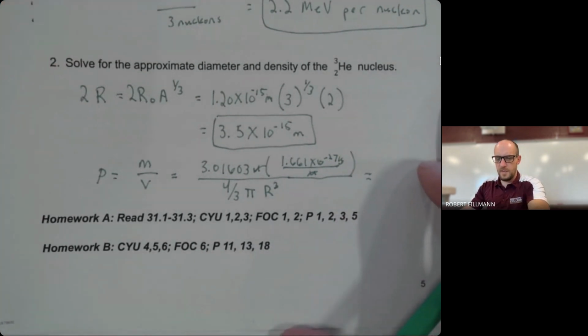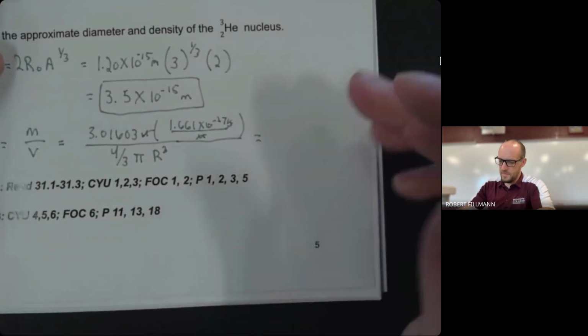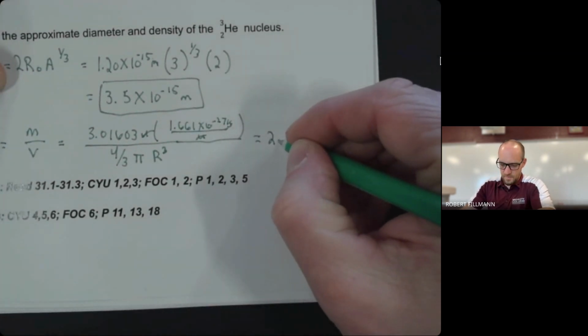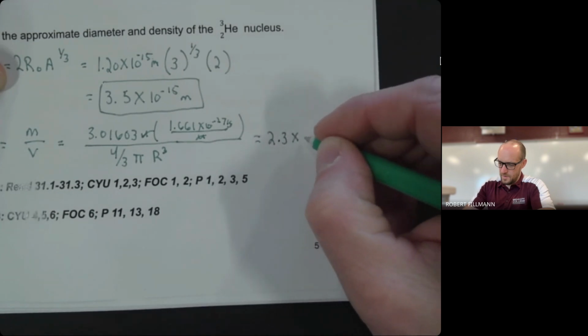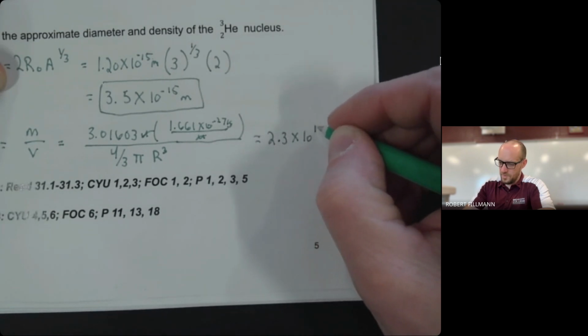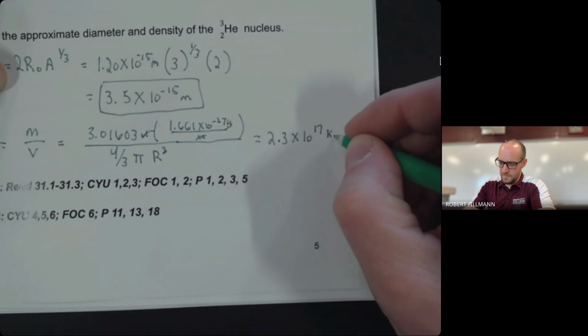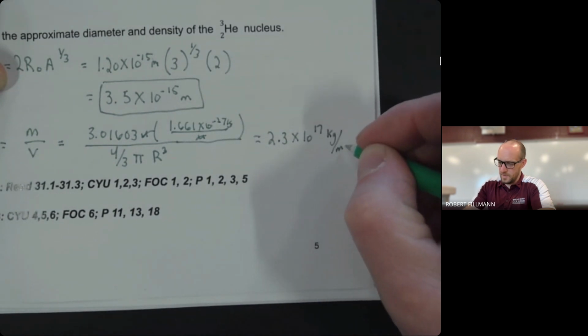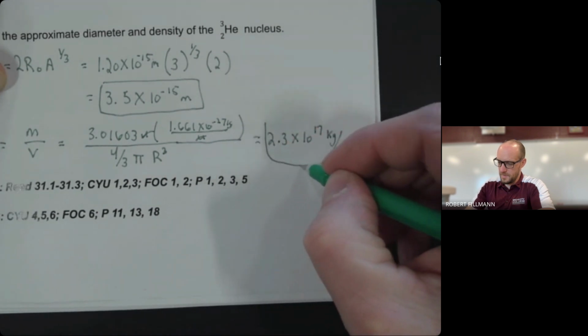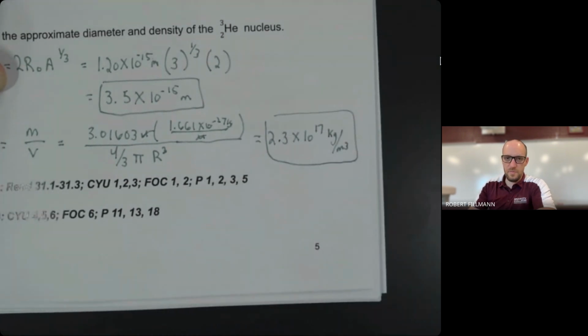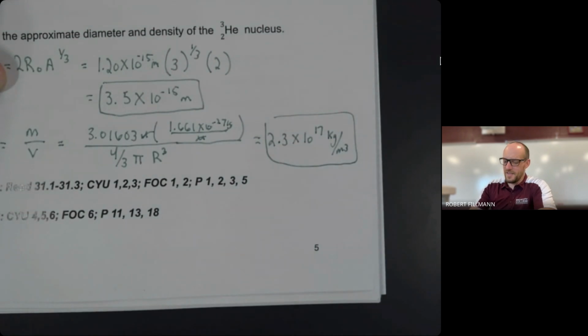So these are really tiny numbers, but when we go to find the density, we find that the nuclei are incredibly dense. I get 2.3 times 10 to the 17th kilograms per cubic meter. So will this float in water? Well, that's kind of a funny question. Yeah, probably, since it's just a single atom. But if we had a large material, certainly not.